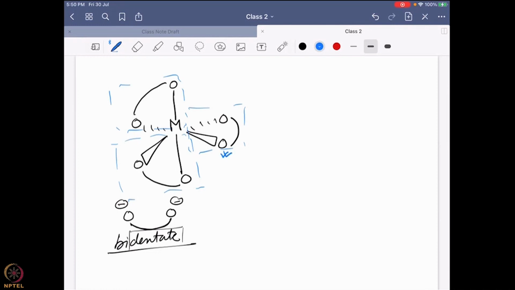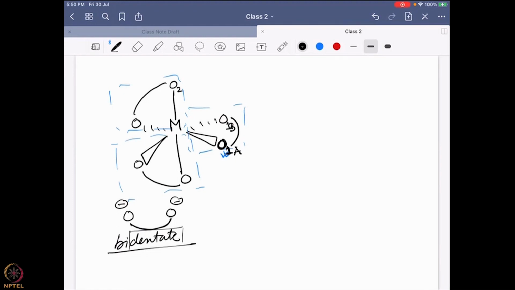Say I'm writing O1A and O1B. O1A is towards you, because this wedge bond means above the plane of the paper, and the dotted bond means it is behind the plane of the paper. So 1A is towards you, 1B is backward.